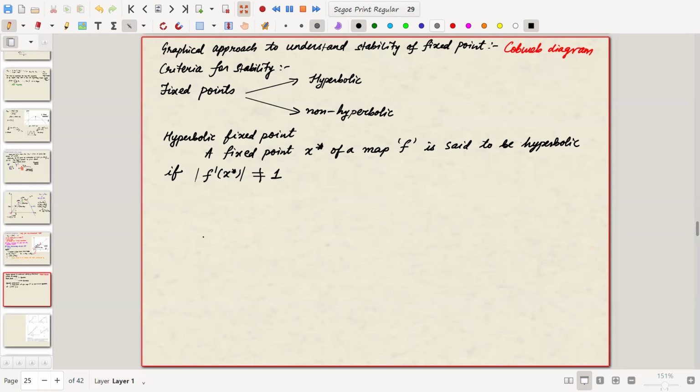So a fixed point x star of a map is said to be hyperbolic if the derivative of the function f evaluated at the fixed point x star is not equal to 1 in absolute value.